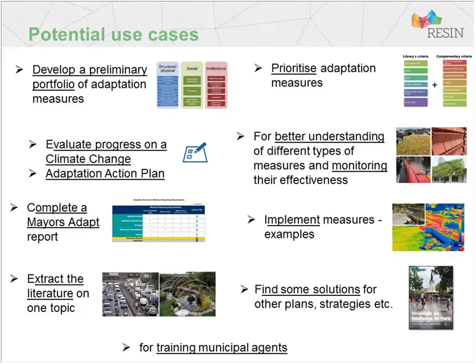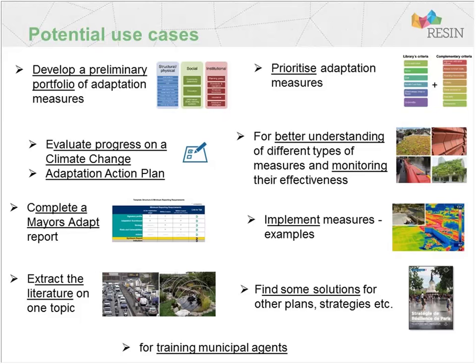For example, Paris was interested in looking at how traffic intensity can have some impact on air temperature, and changing the intensity can be used as an adaptation measure to reduce the air temperature. So there is some specific literature on that, and through the database you can localize which is the paper and search for it on Google, or ask the consortium for the main paper, and we can share it.